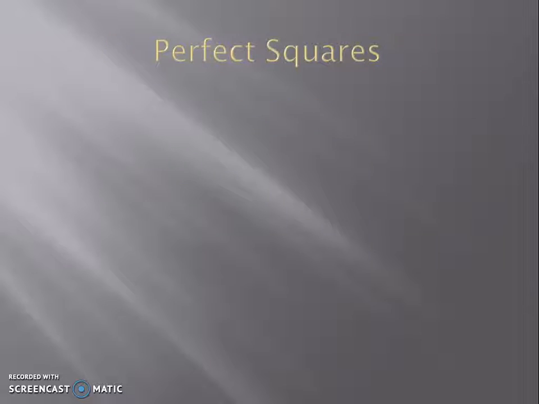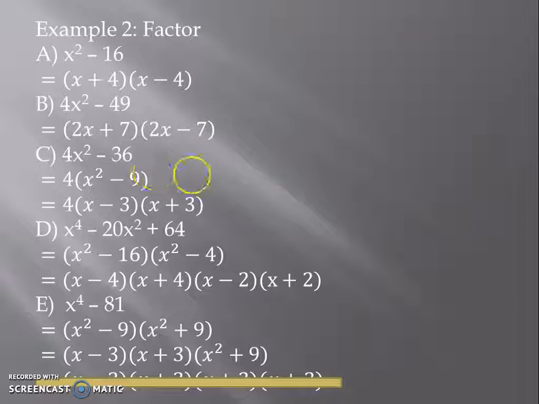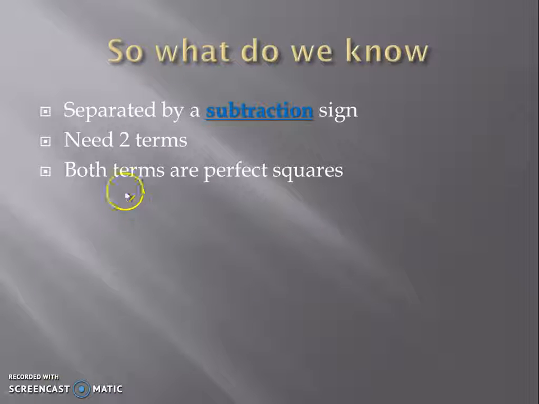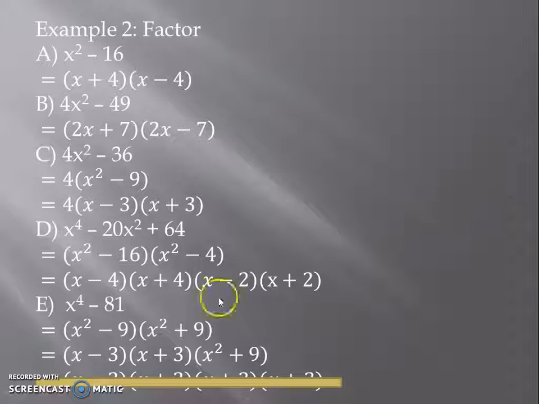Well, we did three terms up here, and we have two terms down here, which means we need a minimum of two terms. So both terms have to be perfect squares. Like here, this is a perfect square, and this is a perfect square, and this is a perfect square. Even this is.